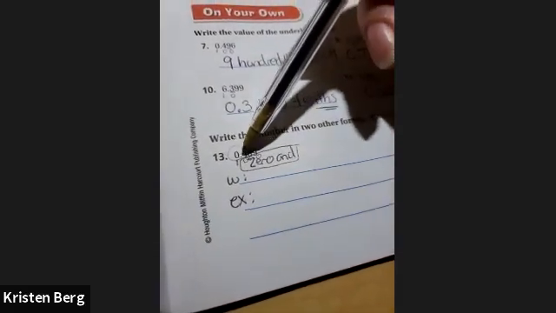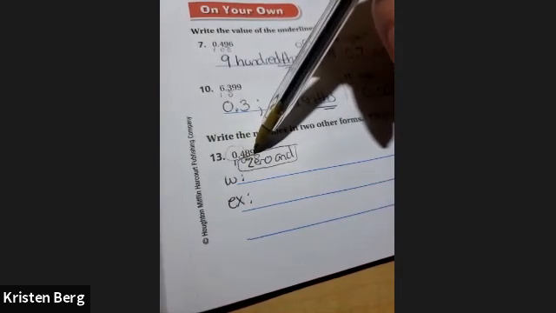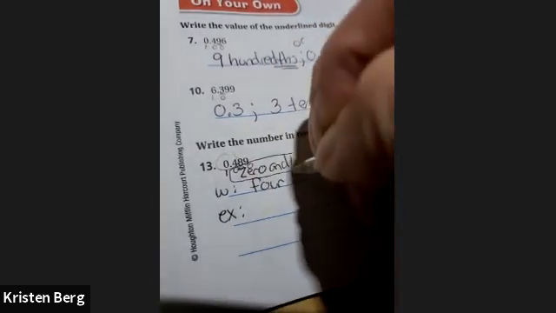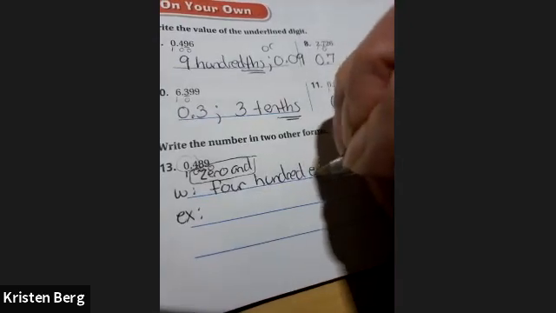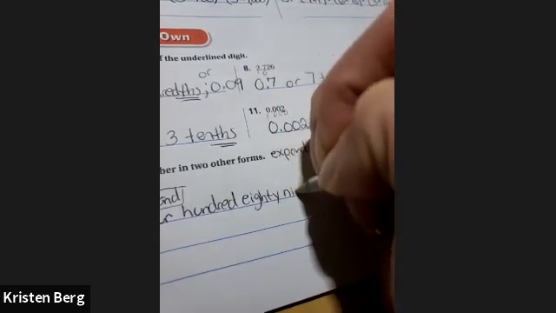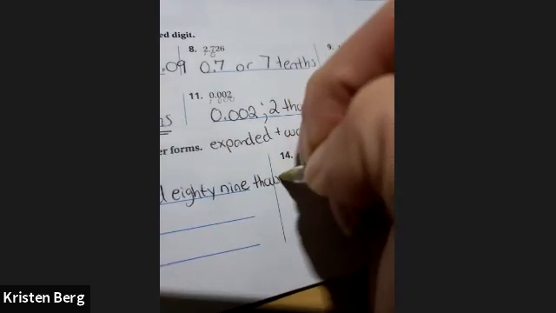Again, all you say is how you would say this number and this number only. Don't worry about anything else. Just how would you say 489? You would say that as 489. And then you have to say its place value, which is thousandths.